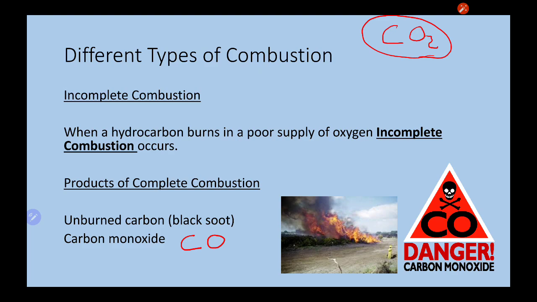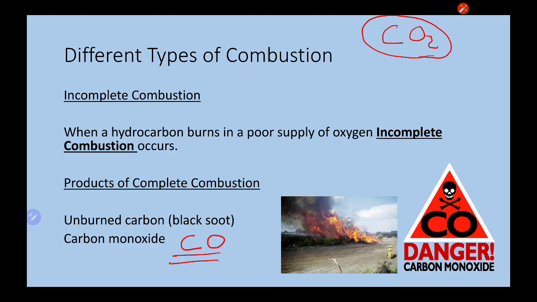I would rather have CO2 than CO. And the reason for that is that carbon monoxide, this stuff here, is very toxic. It's called the silent killer. You will have carbon monoxide alarms in your house, because if your boiler starts to break down, starts to not work, it can release this gas, carbon monoxide.